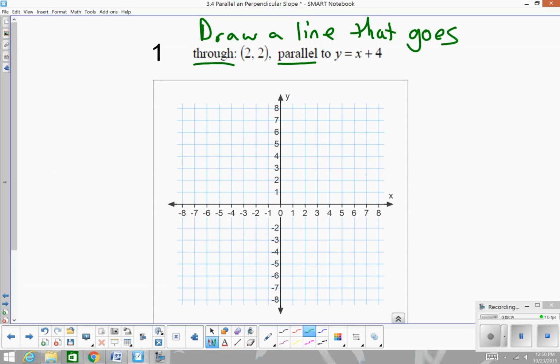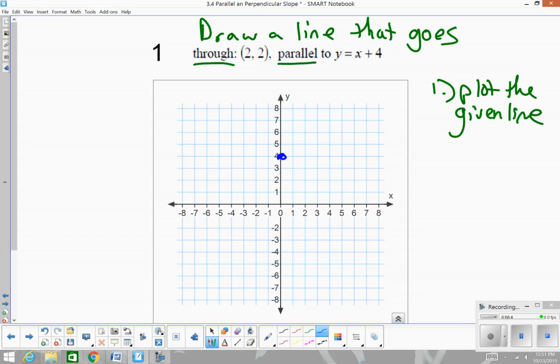Okay, so firstly, if I'm given a line, you want to plot that line. So the first thing I'm going to do is plot the given line. So this should go fairly quickly. So we know that we begin with our y-intercept, which is 4.